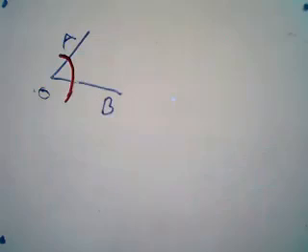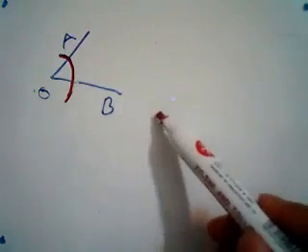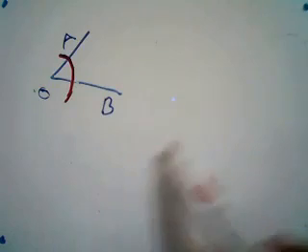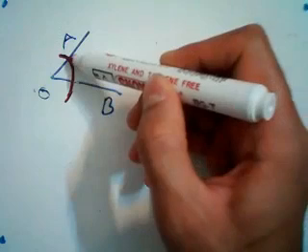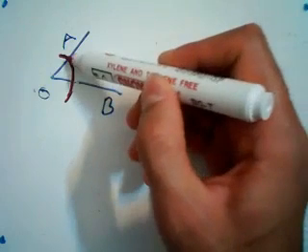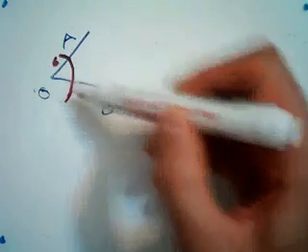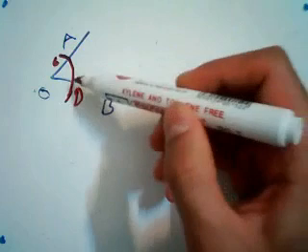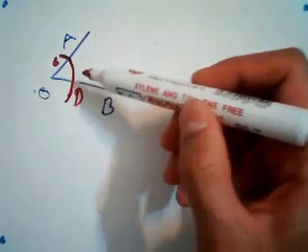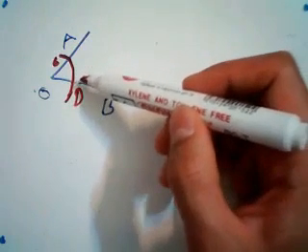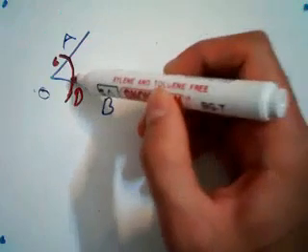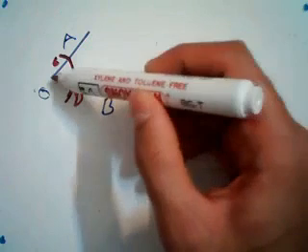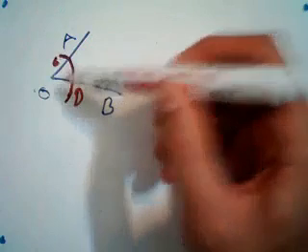Okay, put one leg of the compass here at O and draw an arc. An arc means a piece of a circle, and from the intersection points, let's call it C and this D, draw another arc with the same radius as this arc.